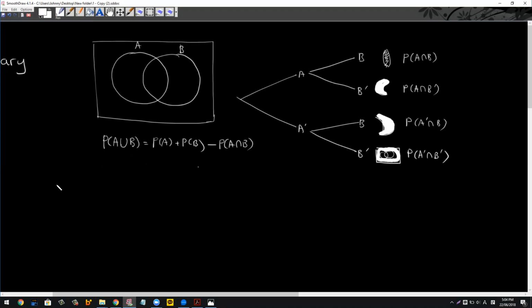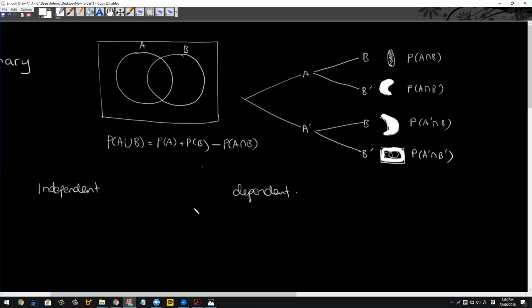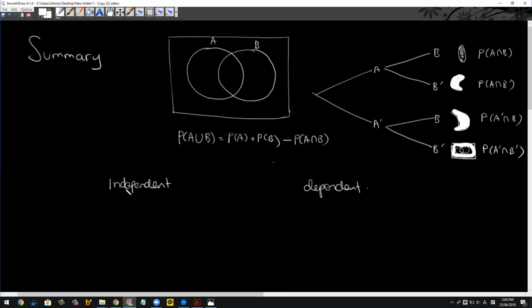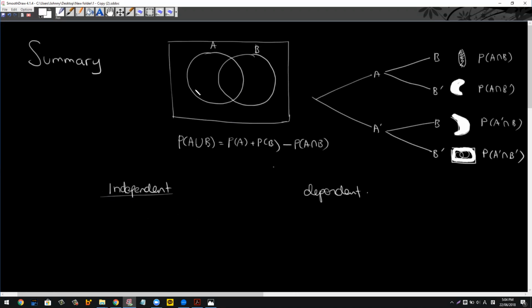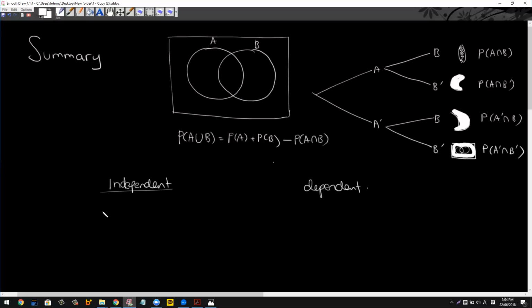We also talked about independent probability and dependent probability. And we concluded last lesson by saying that if probability of A times probability of B equals probability of A and B, then this would be independent, okay?